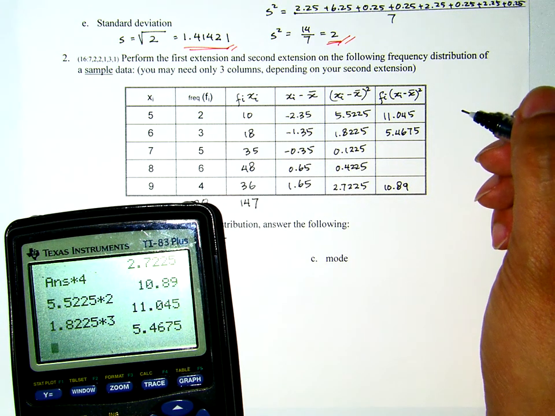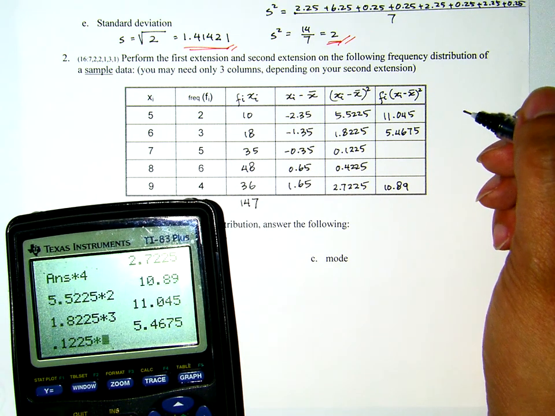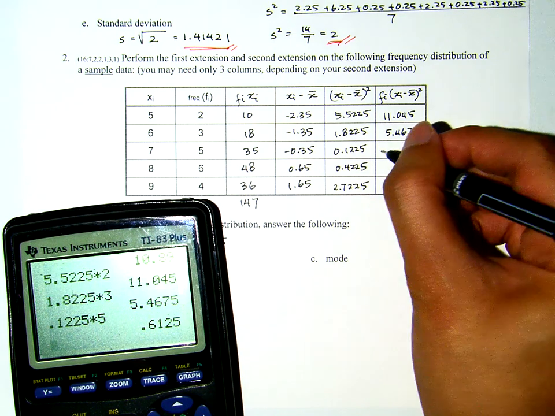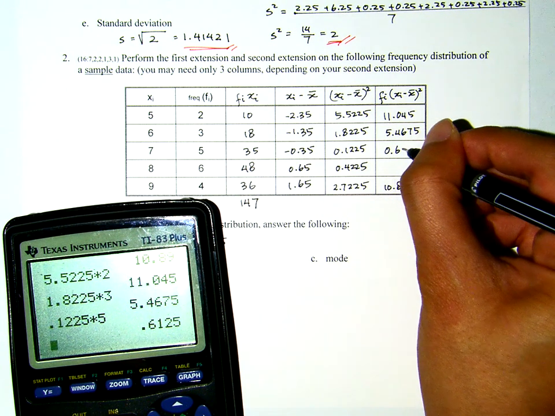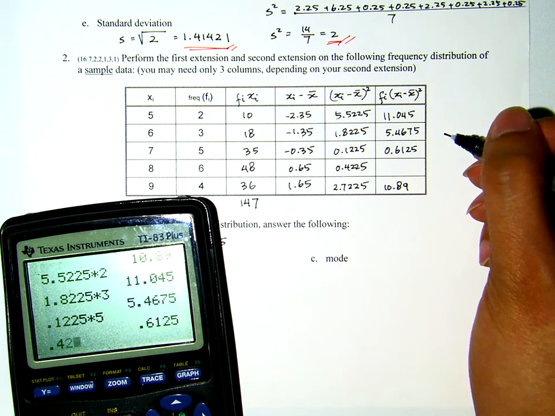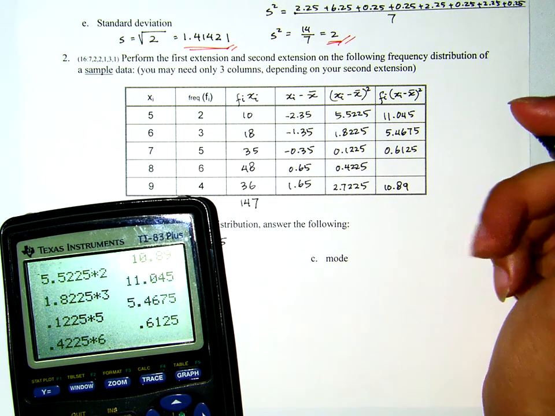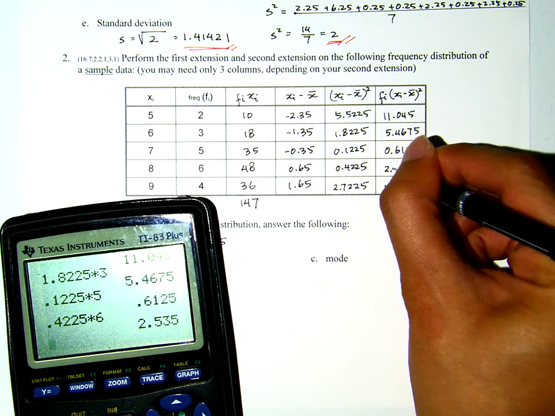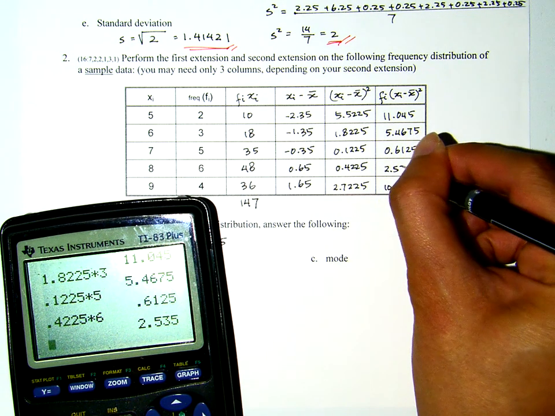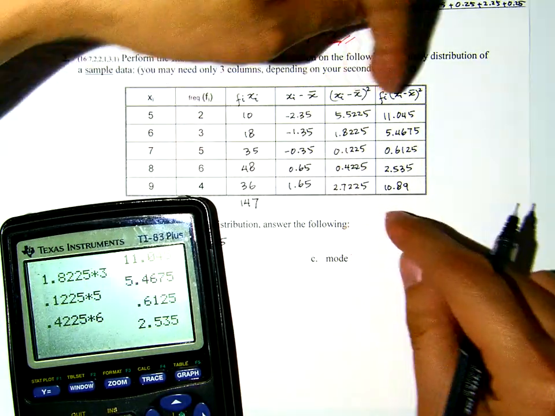And then 0.1225 times 5, 0.6125. 0.4225 times the frequency 6, 2.535. So this column is multiplied by the frequency.